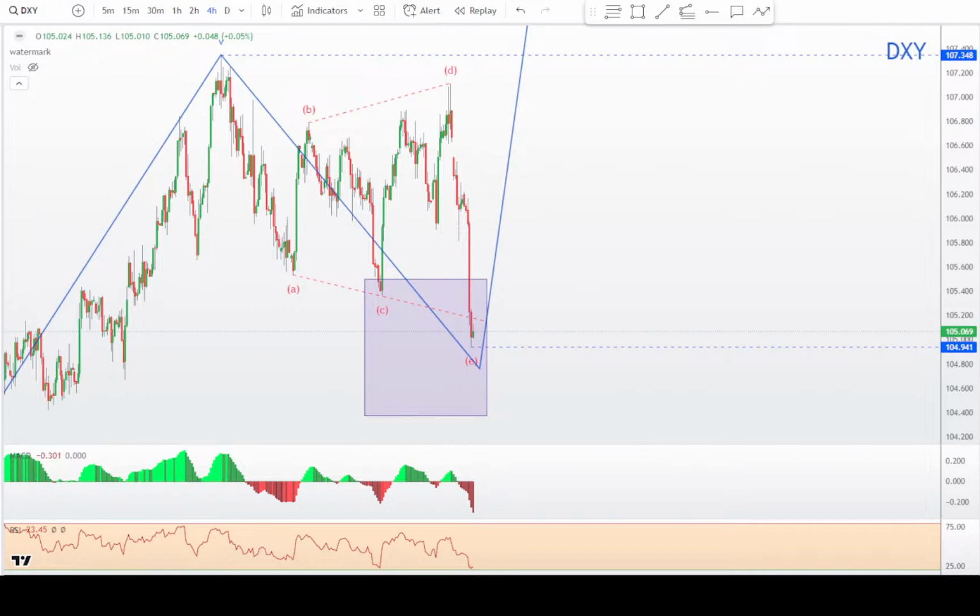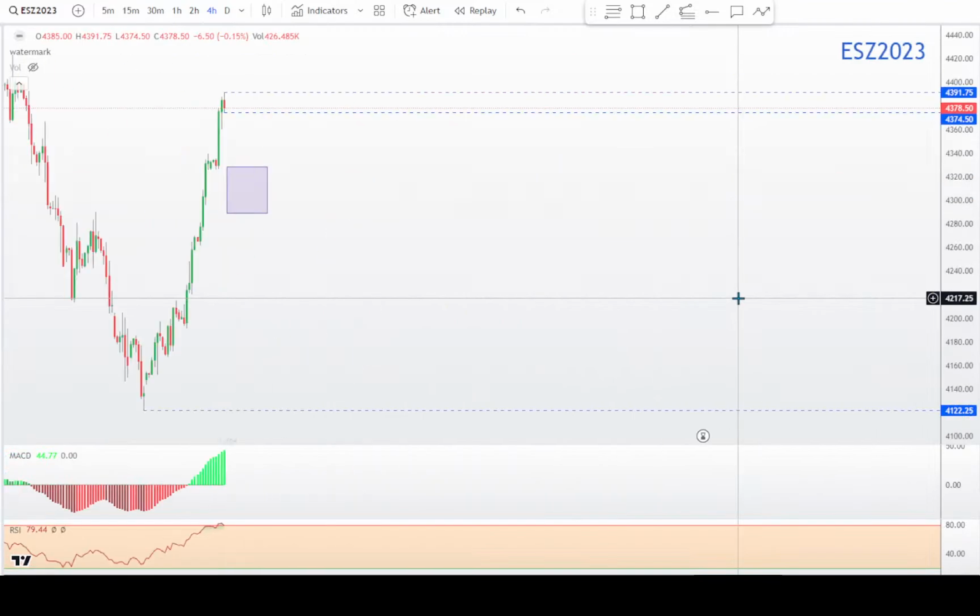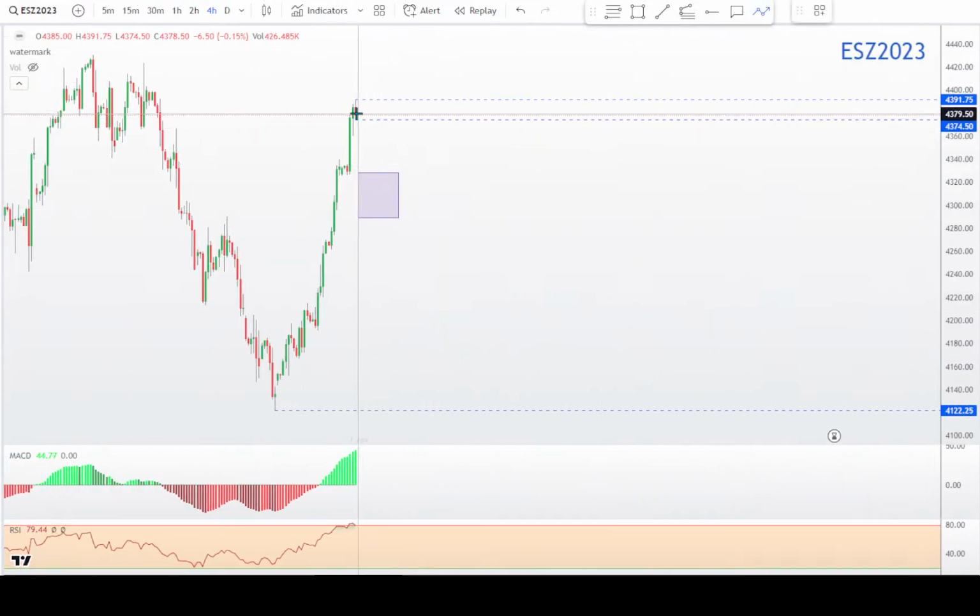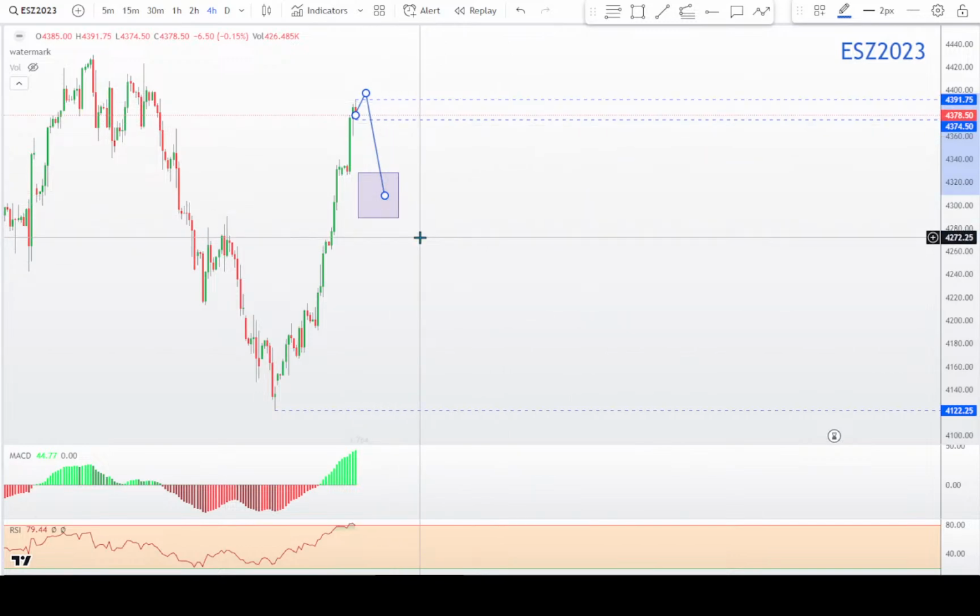Then we look over at the S&P, and like I said, I think either the correction's already started or it's got one more up, but then there's going to be a correction, so the market's going to come down. Everything is kind of making sense to me. If the dollar's going to strengthen, bonds are going to strengthen, the market should sell. Not should, but a high probability chance that the market will correct.